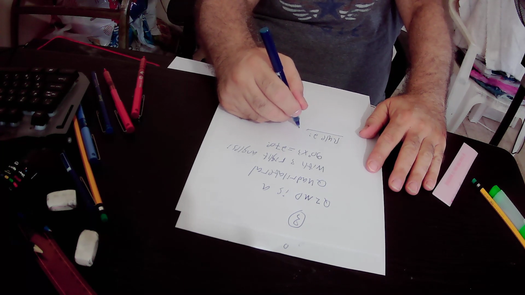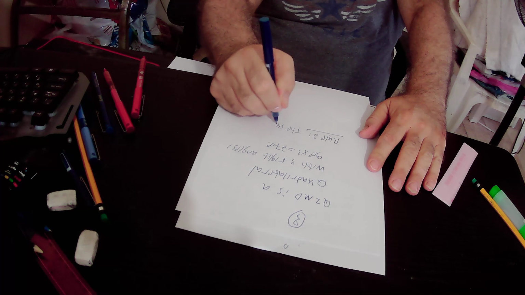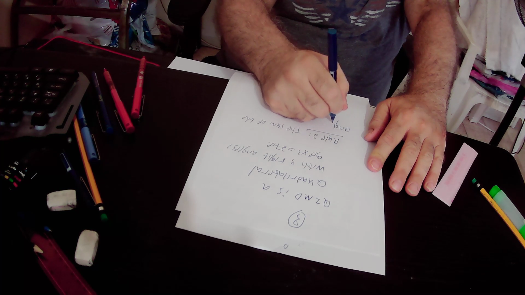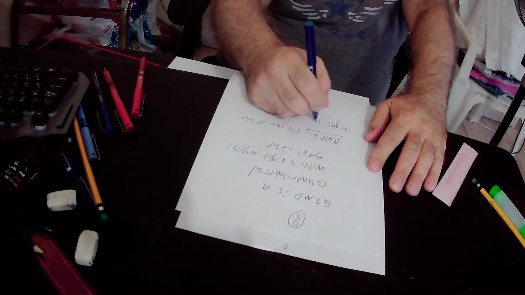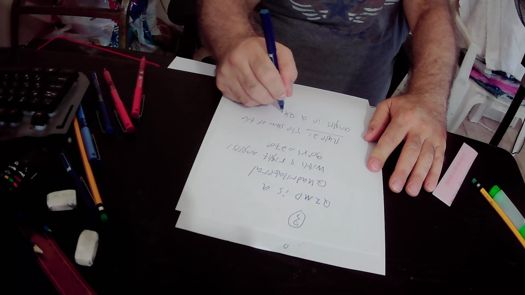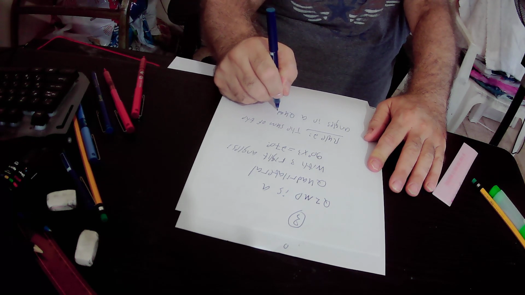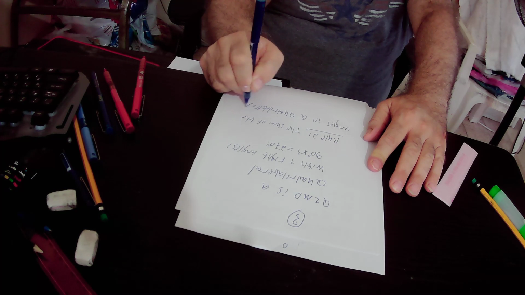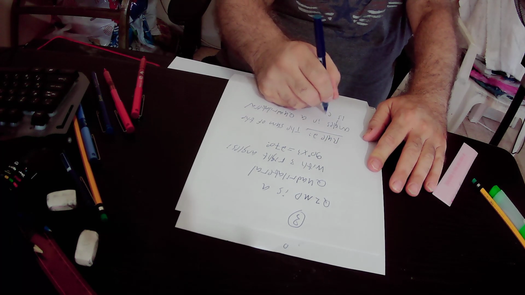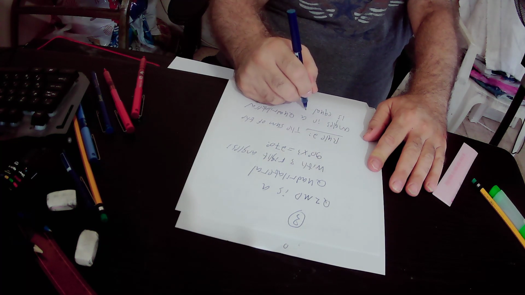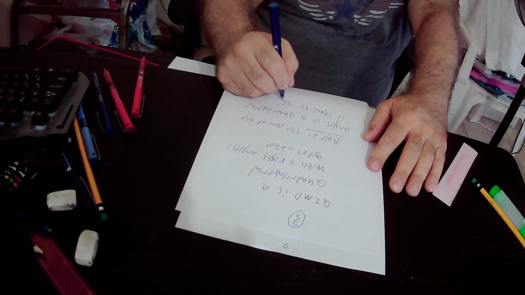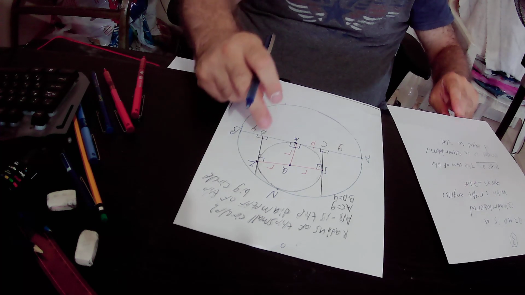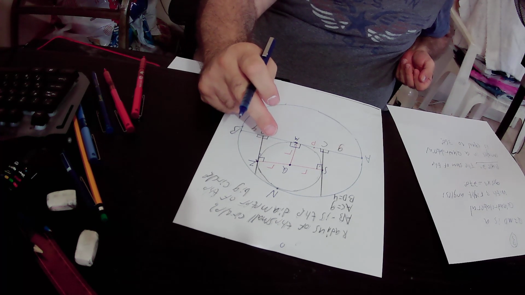Rule number 2 states that the sum of the angles in a quadrilateral is equal to 360 degrees.